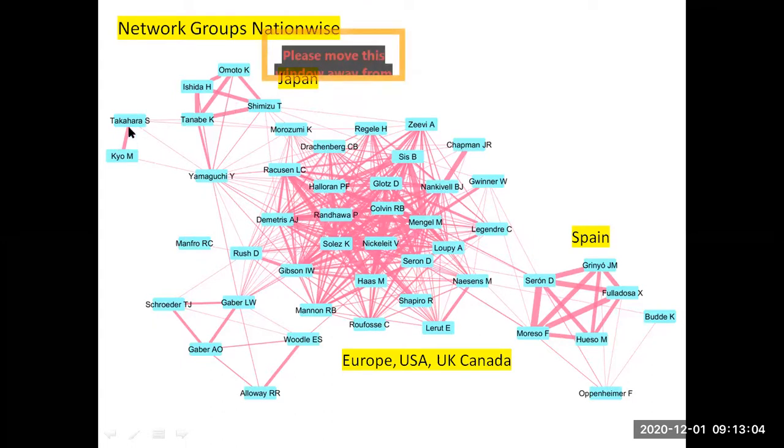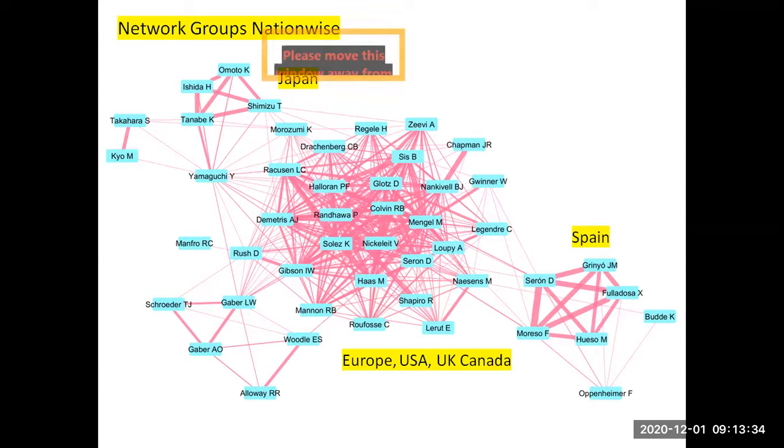One is a sub network of the other. And then we have this large network of people from Canada, USA, Europe, based on their last names. Then these names which appear here in this network are Spanish names, so all people from Spain.